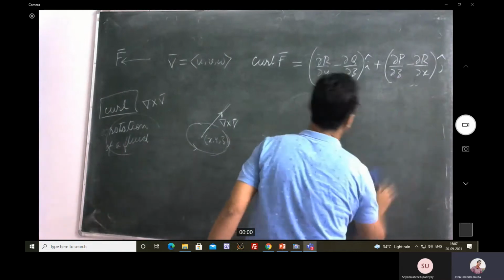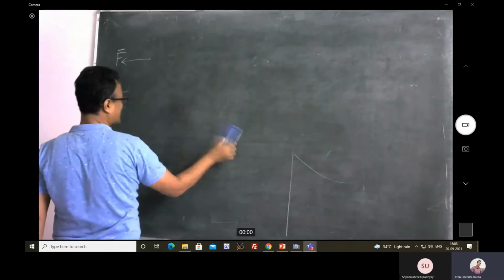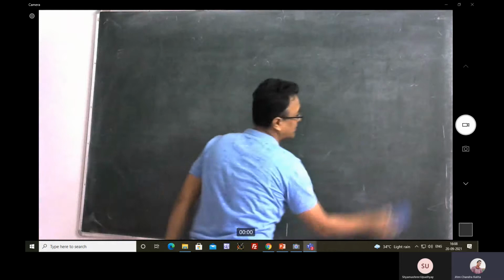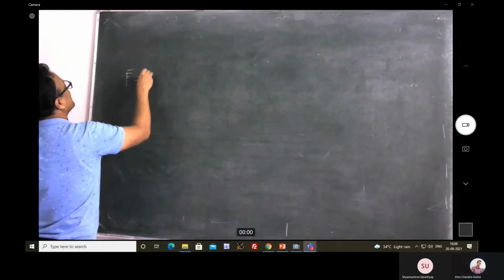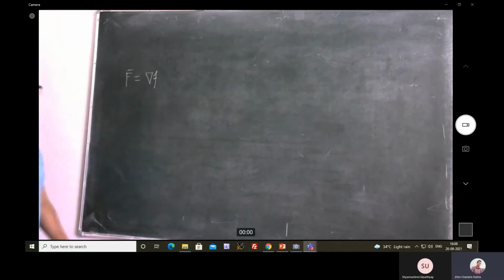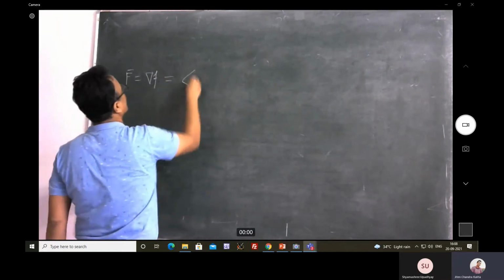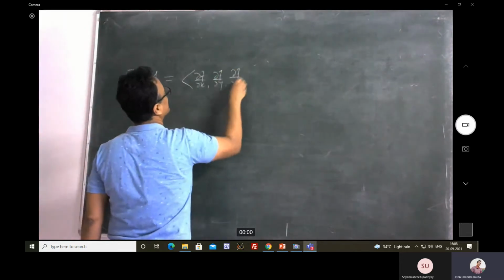Now let us look at some properties of curl, which are pretty straightforward. For example, if f is the gradient of a scalar function, then this is simply going to be del f/del x, del f/del y, and del f/del z.